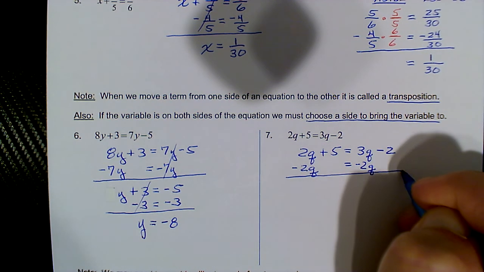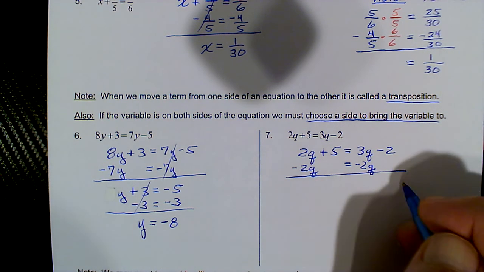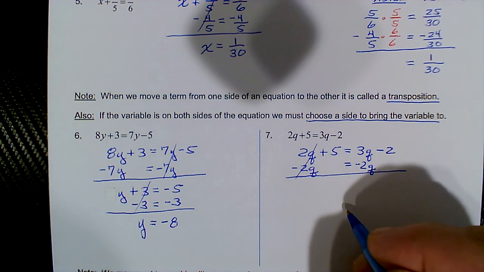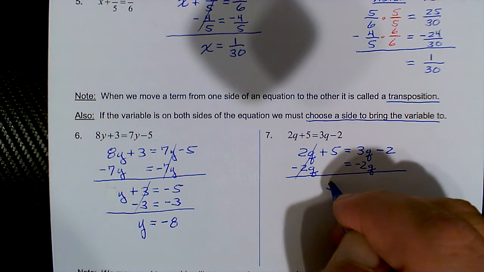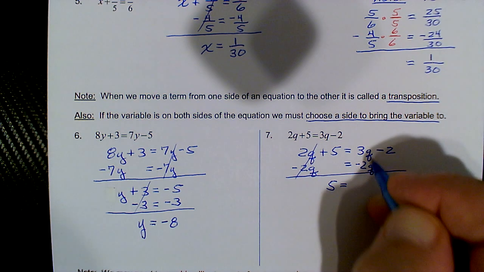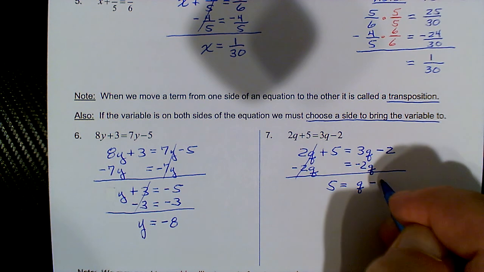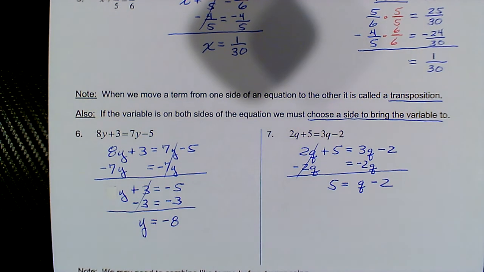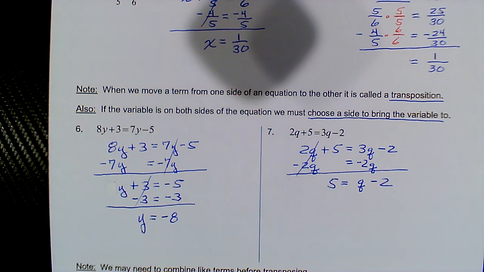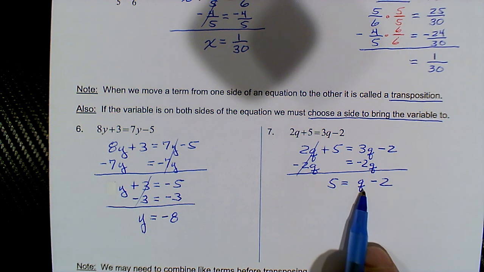And now my addition bar stretching across the entire equation. The 2q's go away. We can bring down the 5. 3q minus 2q is 1q, or just simply q. Then bring down the negative 2. And once again, we have a situation like the previous set of problems where we've isolated the variable.